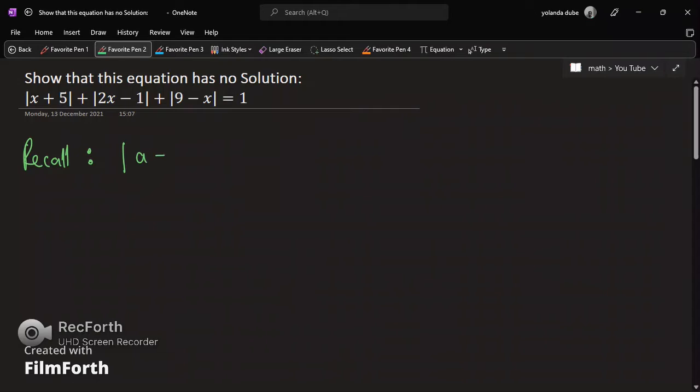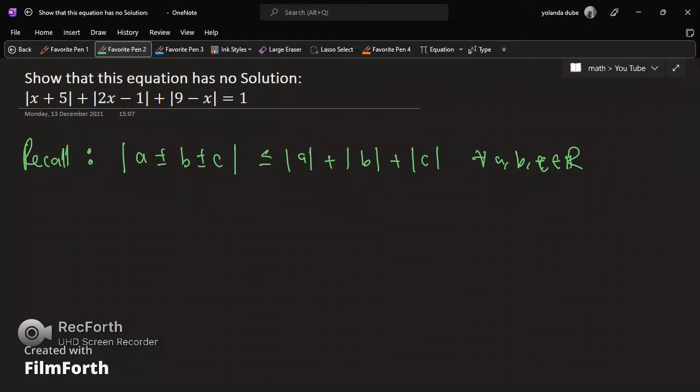The triangle inequality says that the absolute value of a plus or minus b plus or minus c is less than or equal to the absolute value of a plus the absolute value of b plus the absolute value of c, for all a, b, c elements of the real numbers. So this is the information the triangle inequality gives us.